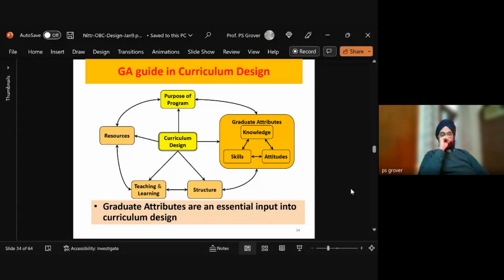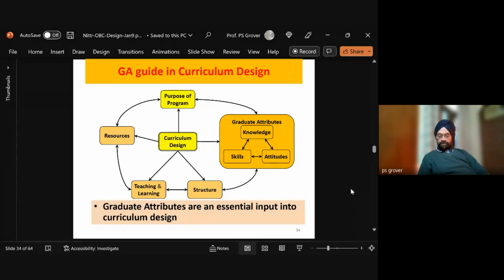This slide gives you a guide to curriculum design using graduate attributes. The curriculum design will state the purpose of the program, then the graduate attributes, then its structure, teaching, learning, resources, and so on. So graduate attributes are an essential input into the curriculum.